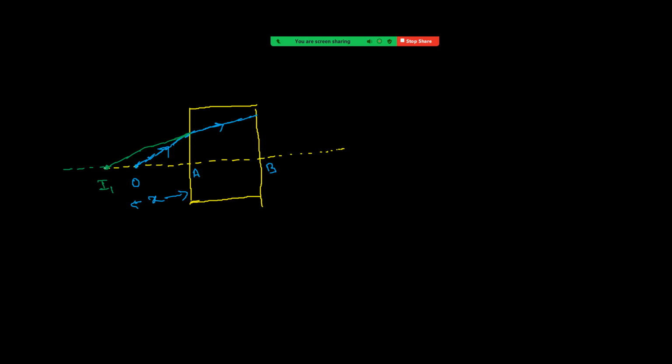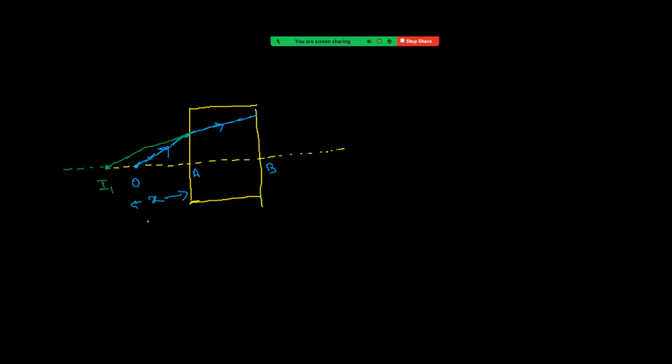So if you imagine there is a person inside the slab, for him these rays appear to come from this point. That means because of this refraction, the image is I1, right? That means we can clearly say AI1 is more than AO. How many times? It is mu times x.